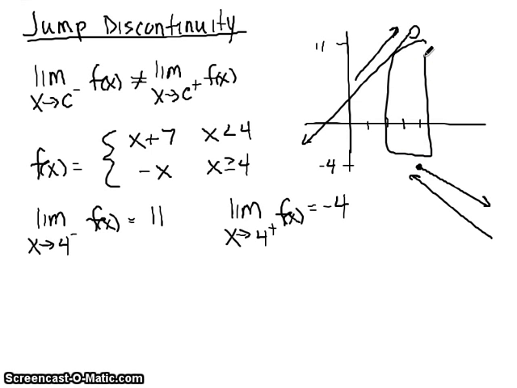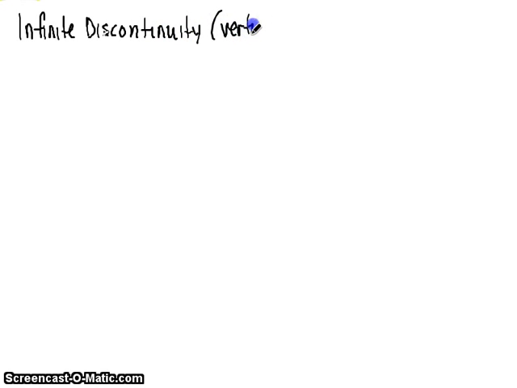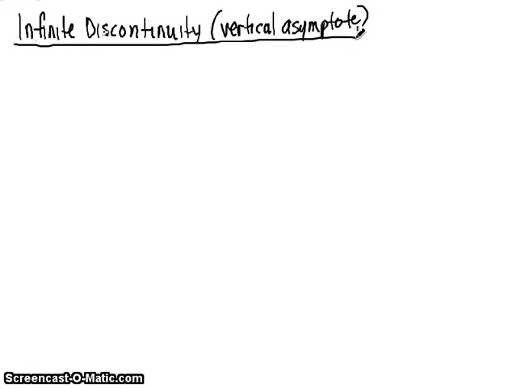The third type, and we've kind of talked about these already, is going to be an infinite discontinuity. And that's just a vertical asymptote. And you find those when you have a 0 in the denominator that does not cancel out.